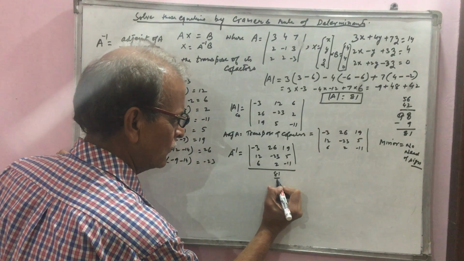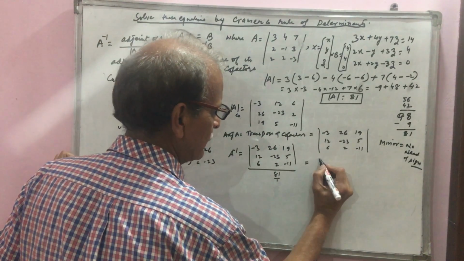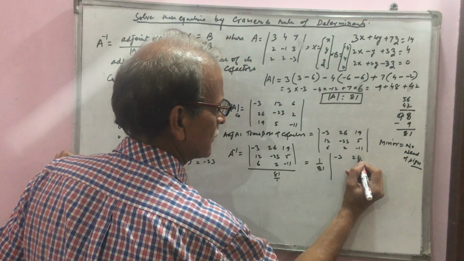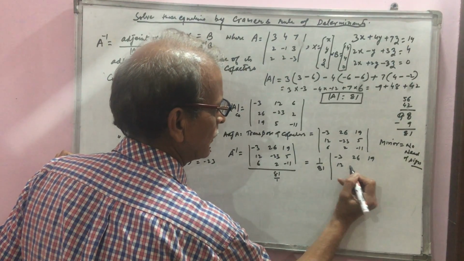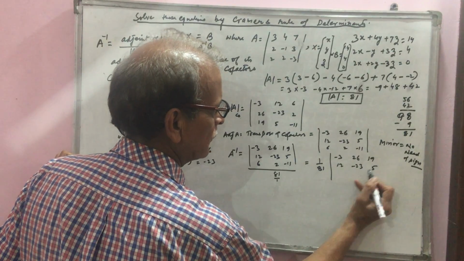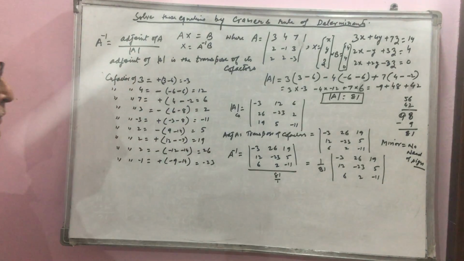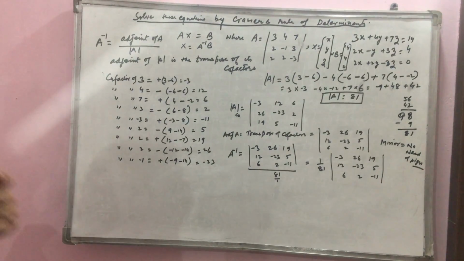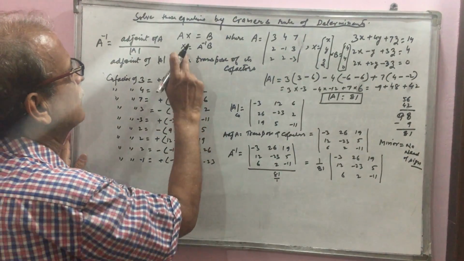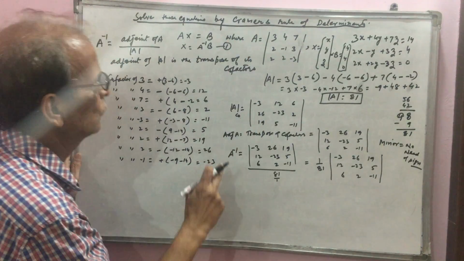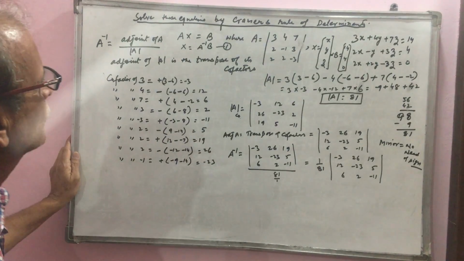So this is 1 over 81: minus 3, 26, 19, 12, minus 23, 5, 6, 2, minus 11. Now put all these values in equation 1, the values of A inverse and b.